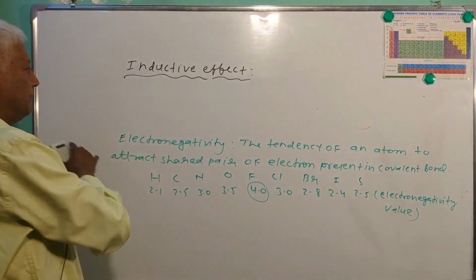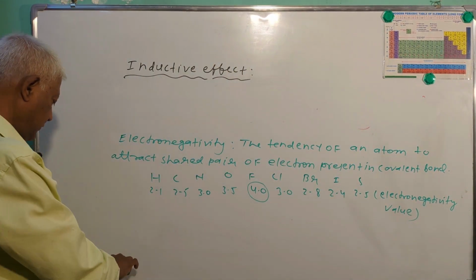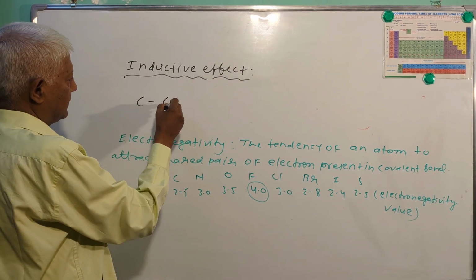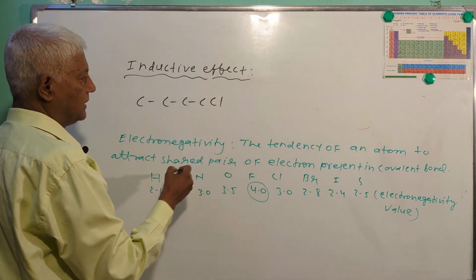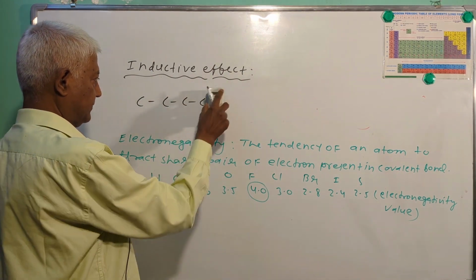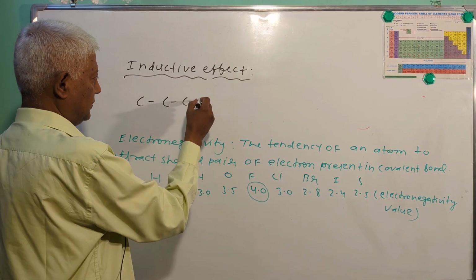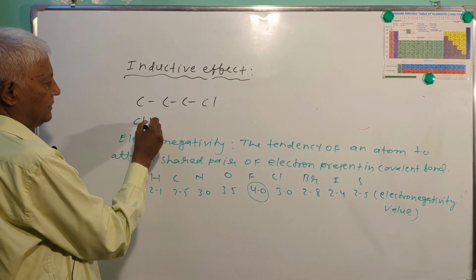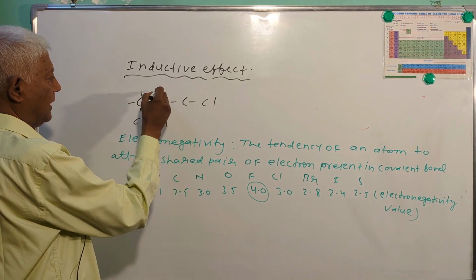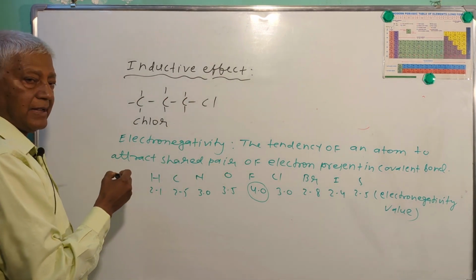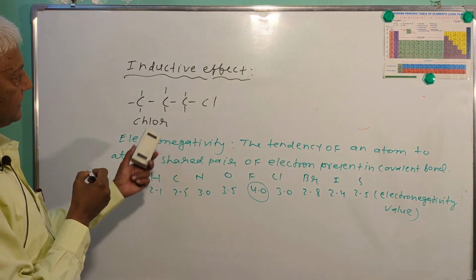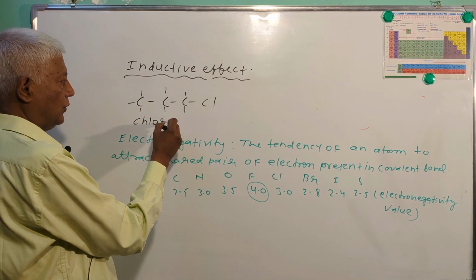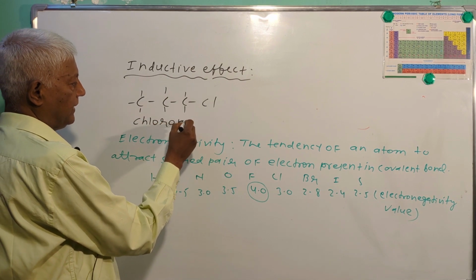So look at a very simple example. Carbon, that is the Cl. What is the name of this compound? Carbon is always tetravalent, I have already told you, and bonding always takes place through sigma bonds. So the name is chloropropane.